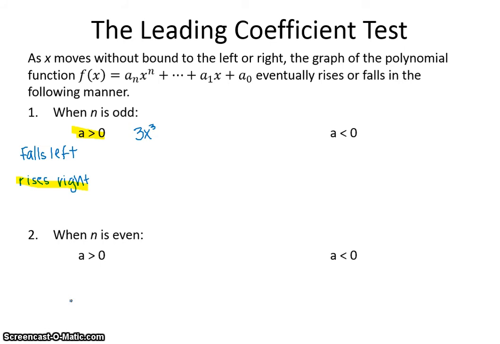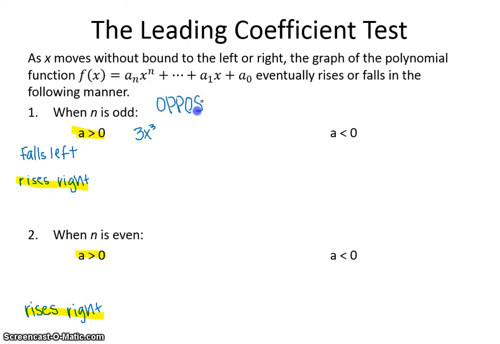The same thing is true down here when n is even. It's going to rise to the right if a is greater than or equal to 0. So a positive number here means I rise to the right. The difference is for odd functions, what you do to the left and the right is the opposite.